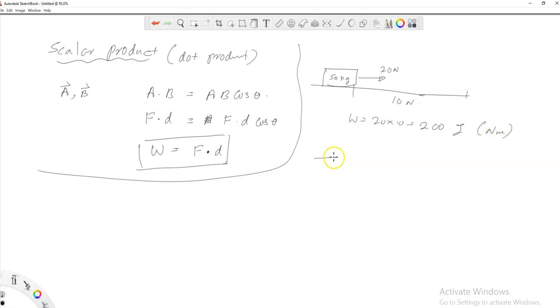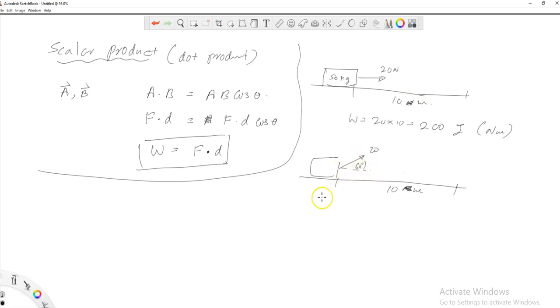Now if the same thing, if we apply this 20 newtons with a 60-degree angle, and you move it a distance of 10 meters, how much work do you do?